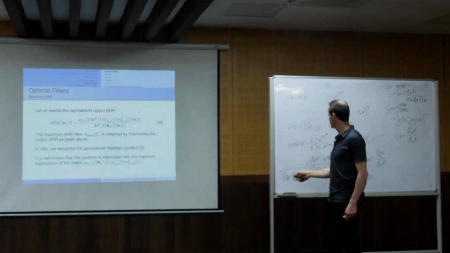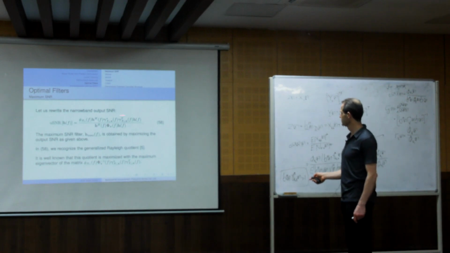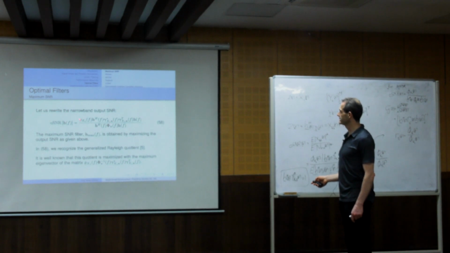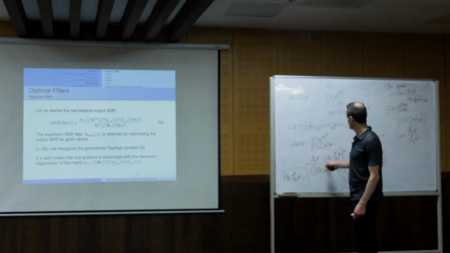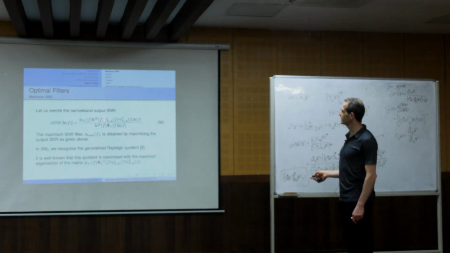So this is what we obtained here, which is the same. But it's nice to write it this way instead of magnitude squared. Why? Because here we have a matrix, and here we have a matrix. This is a scalar, a real number. And we have a ratio like this.